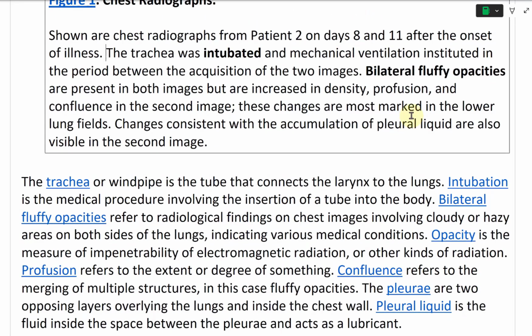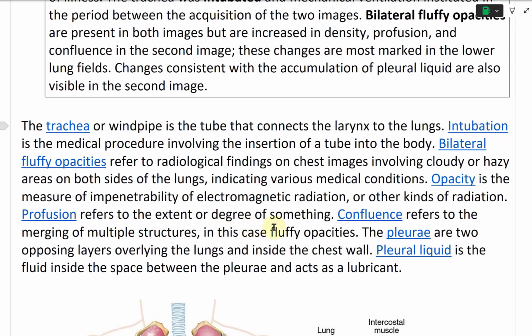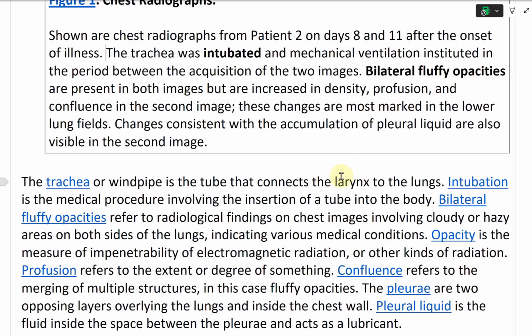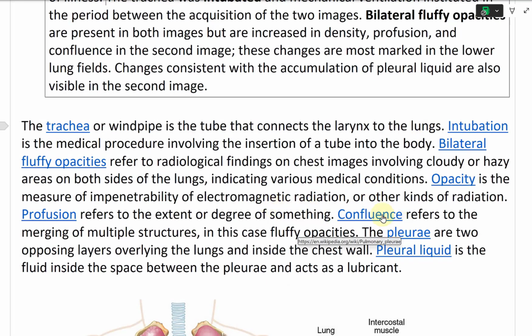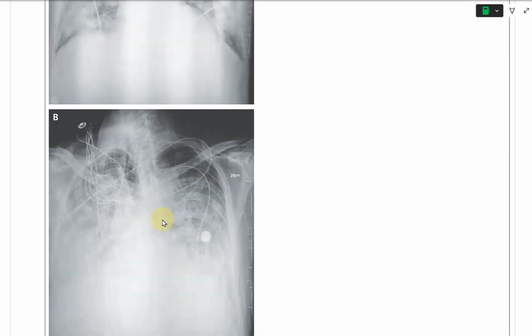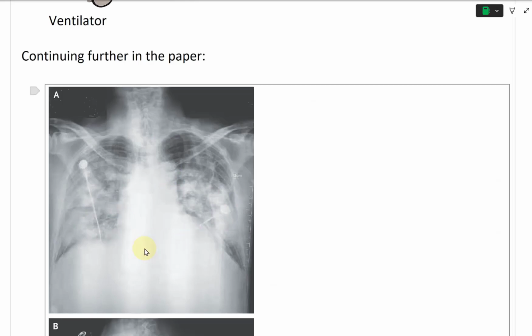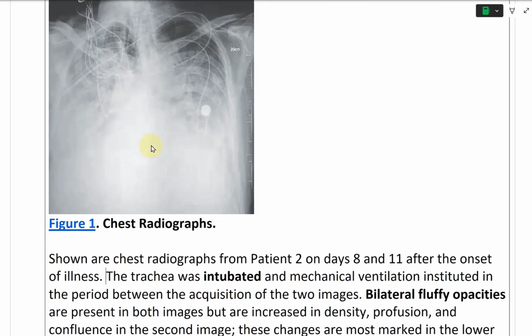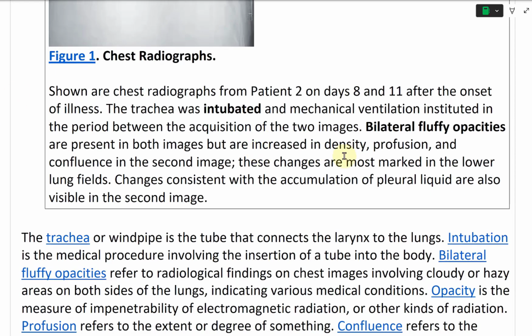And over here has increased profusion on the bottom image. Profusion refers to the extent or degree of something, so it's increased more of these bilateral fluffy opacities with those hazy, cloudy areas. And confluence refers to the merging of multiple structures, in this case, fluffy opacity. So you have multiple of these all merging together into one region there. You see them all together.